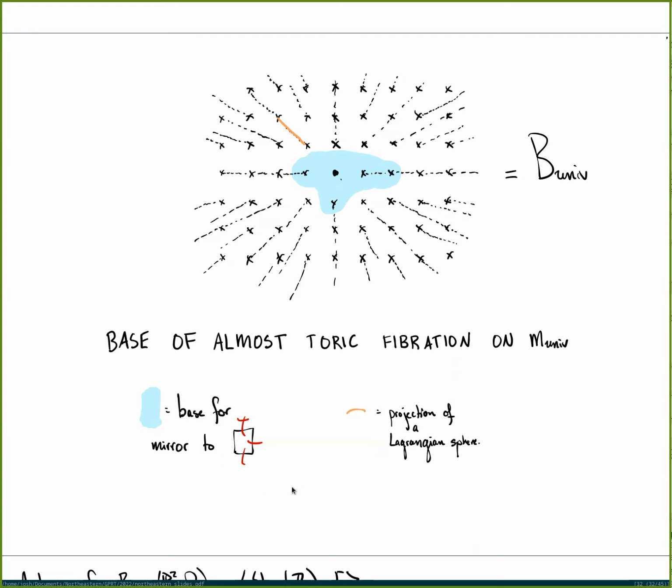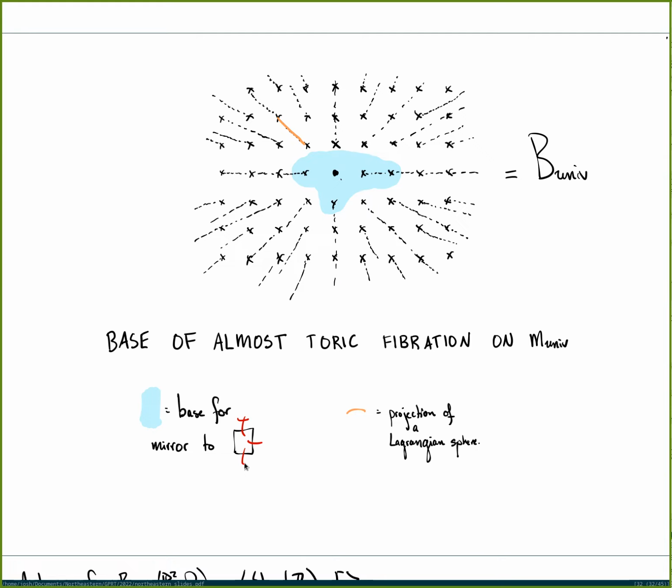This is my cartoon figure where I've taken P1 times P1 and then blown up. These red things record blow-ups. So I've blown up twice on these two sides here, and then two blow-ups there and there. The mirror to this blow up of P1 times P1 fibers above this blue region here.